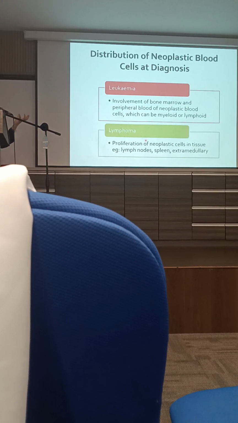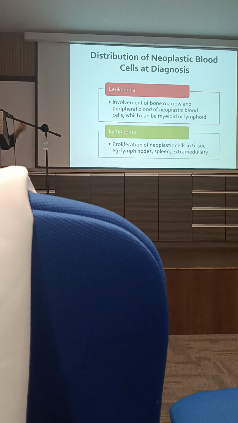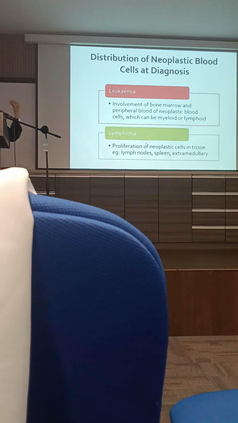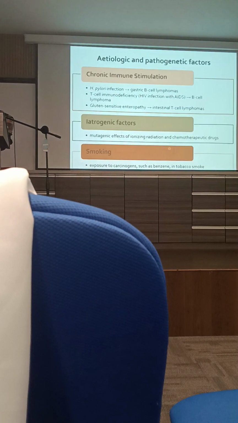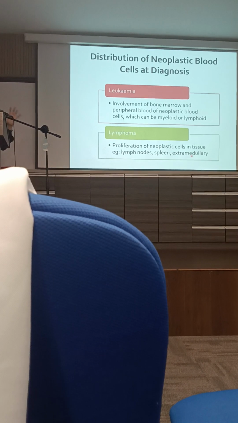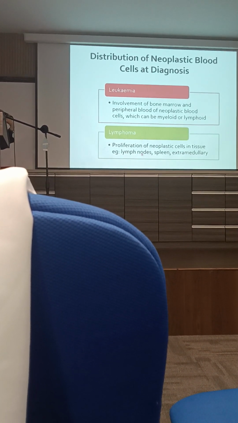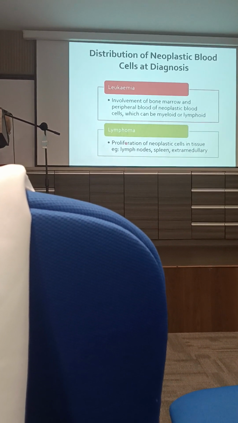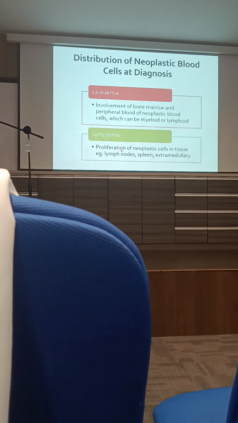It is part and parcel of hematopoietic disease, but a lymphoma means that the proliferation of the neoplastic cells is found primarily in tissues, either lymph nodes, spleen, or extramedullary sites, usually your secondary lymphoid organs.